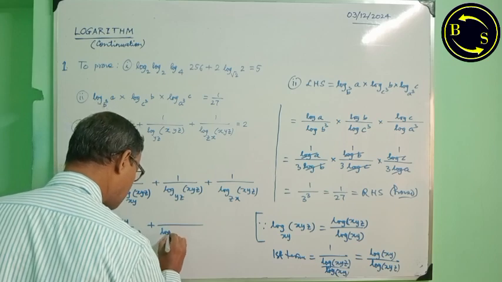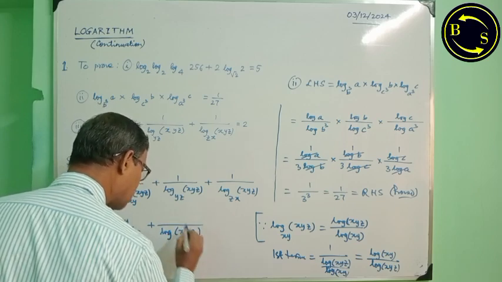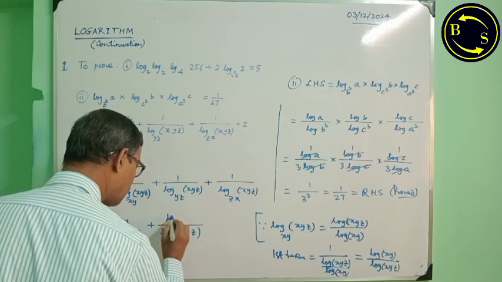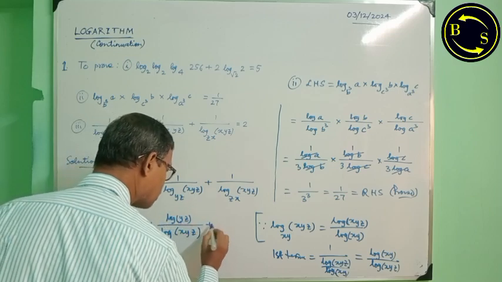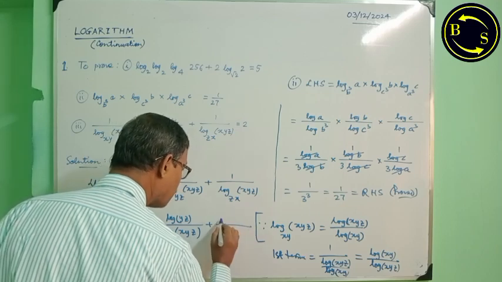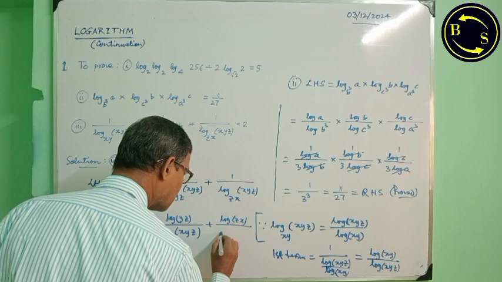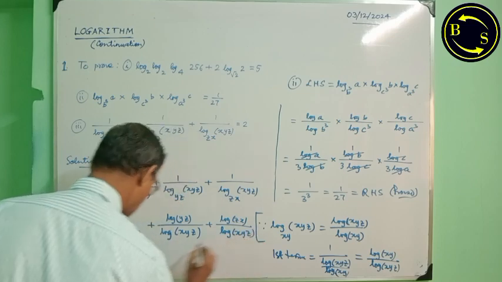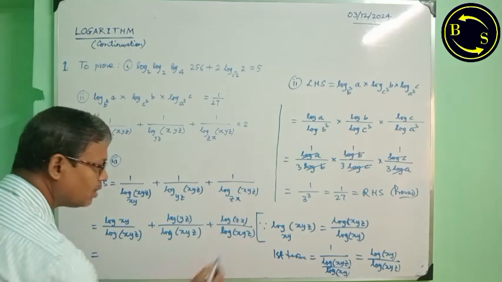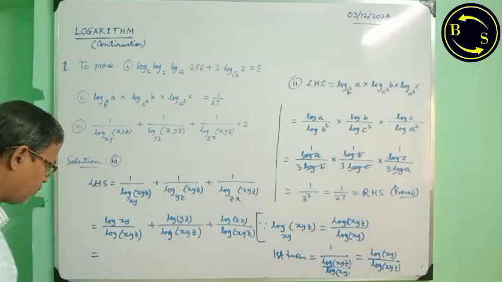log of yz by log of xyz, plus log of zx by log of xyz. We find all denominators same.